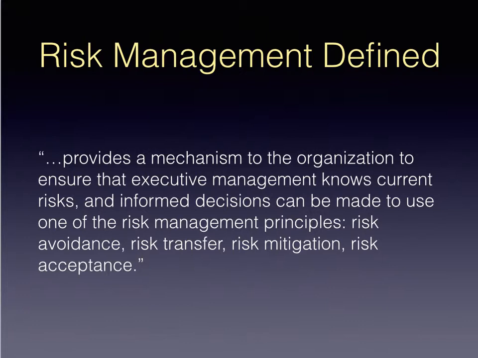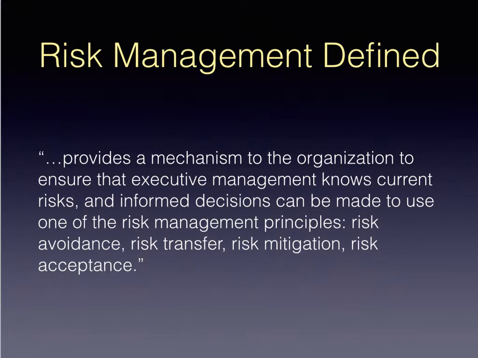So the company wants to implement a new capability using a piece of software that it's found. If the risk is considered way too high and the cost of mitigating that risk is higher than the value of the solution, the organization may just avoid the risk by not implementing that solution. Risk transfer is purchasing insurance to cover any business impact, business losses.